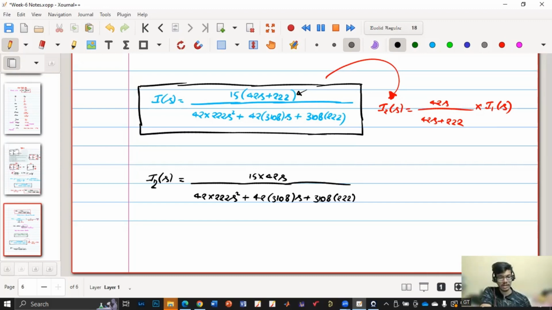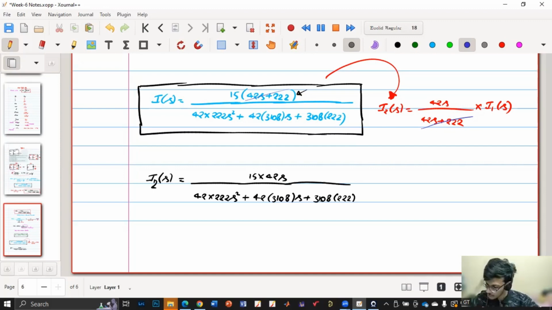Do you agree? I have just substituted I1 of S. So this term will be cancelled with this term, and we'll have 15 into 42 of S in the numerator and the rest of the terms in the denominator.